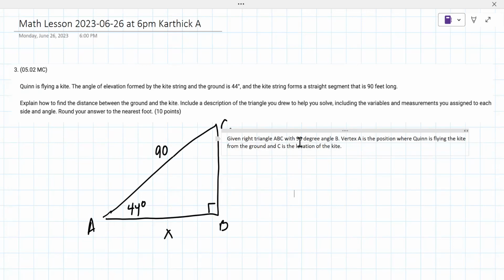So now we've said enough to describe this. So now you can say the length of segment AC is 90 feet. This is the hypotenuse of the triangle.